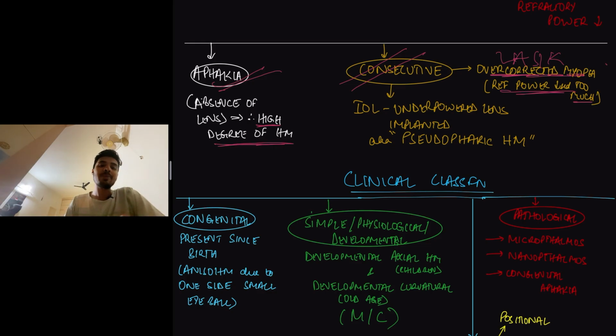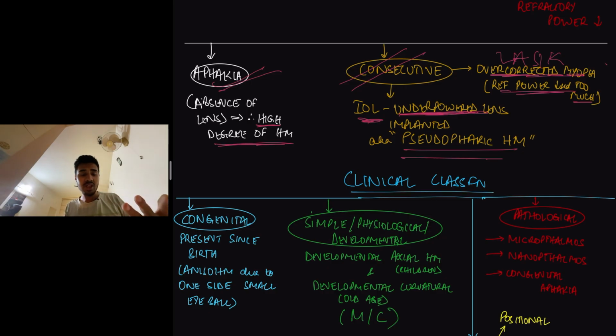Then that will lead to hypermetropia. Similarly, during intraocular lens implantation, let's say I implant a lens, and if this lens has lesser power than what's required, an underpowered lens implantation, that will lead to pseudophakic hypermetropia. So this is consecutive. So etiological, you have axial being most common, curvatural, index, positional, aphakic, and consecutive.